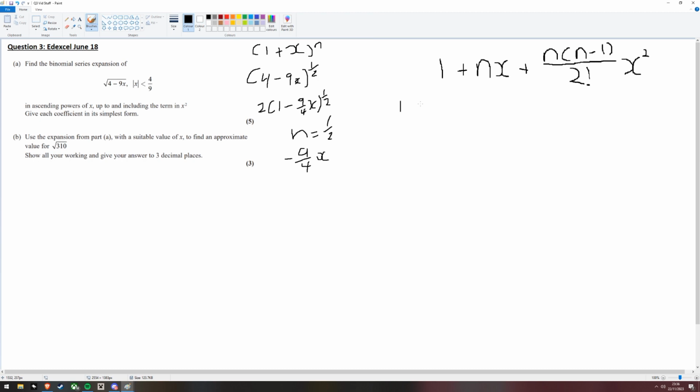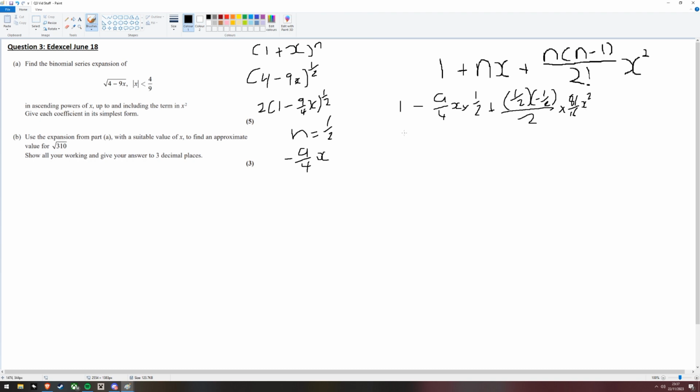So we get 1 minus 9 over 4 x multiplied by a half, add a half times minus a half all over 2, times by 81 over 16 x squared.